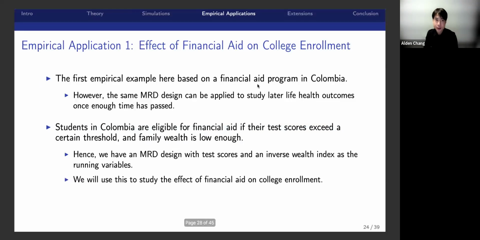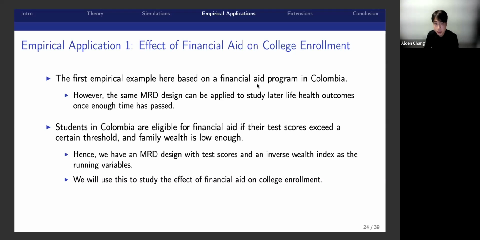So I'll be covering two empirical applications. The first one I already described briefly just now. This is an empirical application from an education setting, specifically the effects of financial aid on college enrollment. But we can imagine how this can also easily apply to study healthcare-related questions.